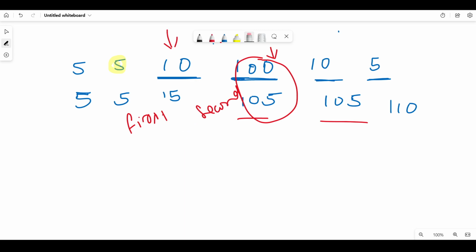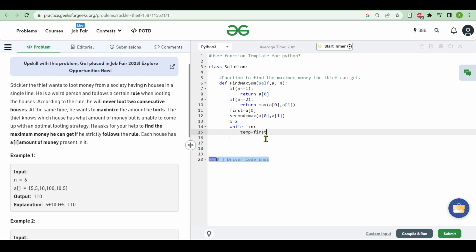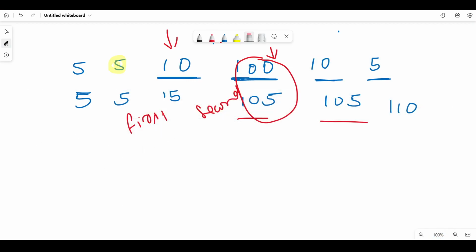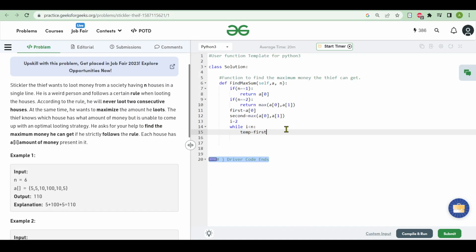Hence I am keeping a copy of second, because first I will calculate the value of second here.